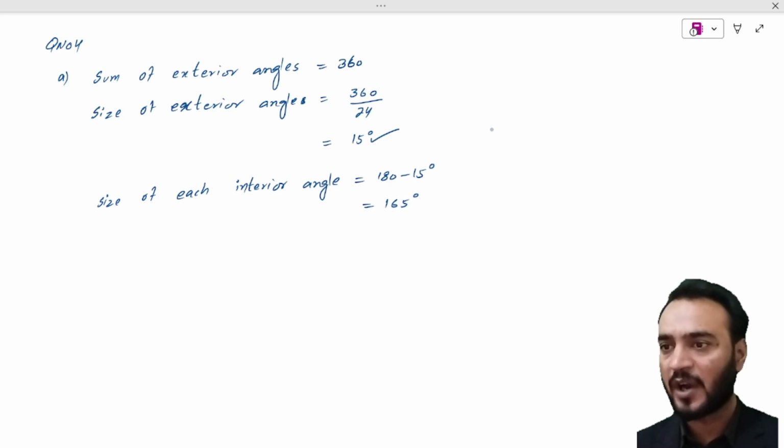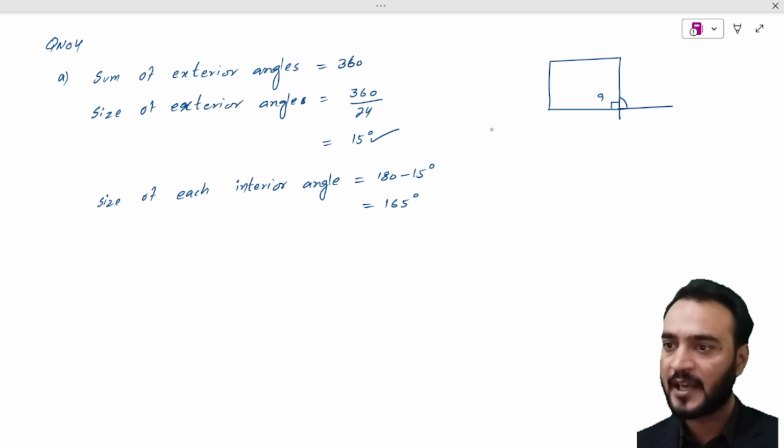For example, if you have a polygon like this, this is a polygon and this becomes the interior angle. And if we extend the line like this, it becomes the exterior angle of this polygon.